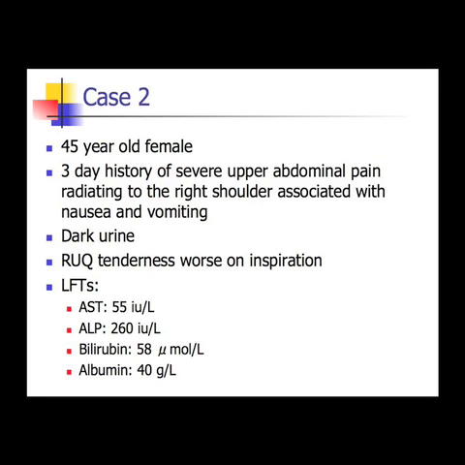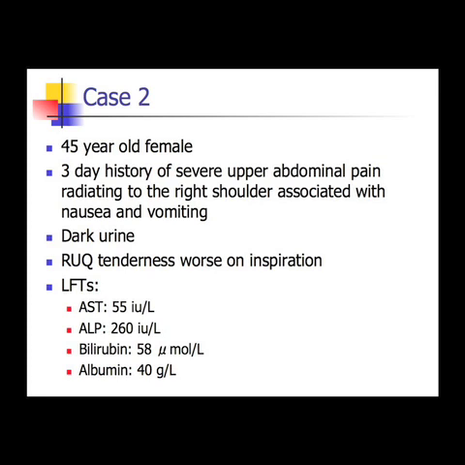So let's have a look at these liver function tests. As before, we start off by looking at the bilirubin, and it's slightly raised here, not so much as in the previous patient with the hepatitis, but this might just be at the level where it could be clinically detectable, particularly if you were to look at the eyes or the mucous membranes, which tend to be the first place. They say just under the tongue.